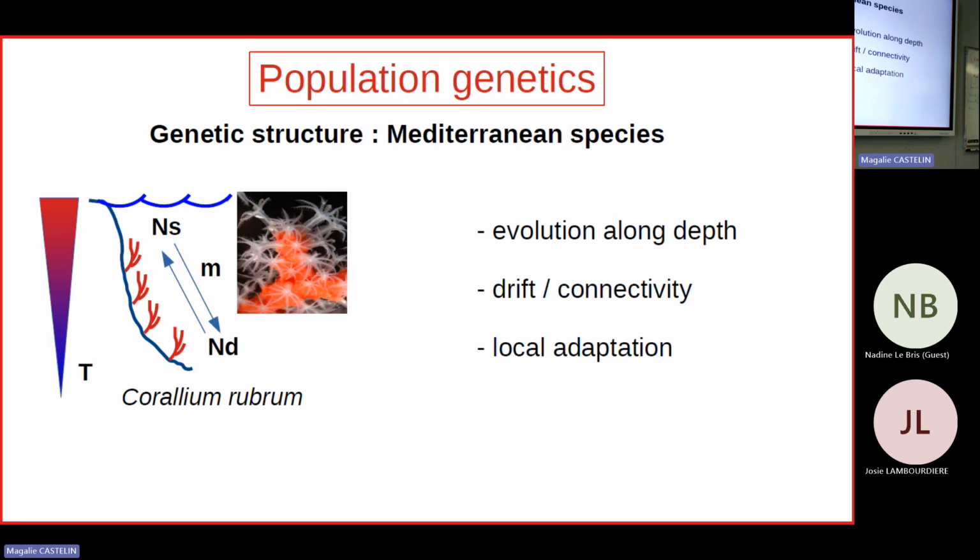And if, for example, you have a very important mortality event in shallow condition, this can be useful to study the possibility of recolonization from deep population, what is called the deep refuge hypothesis.